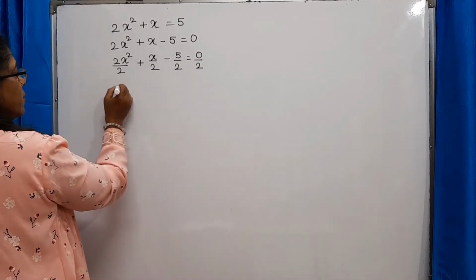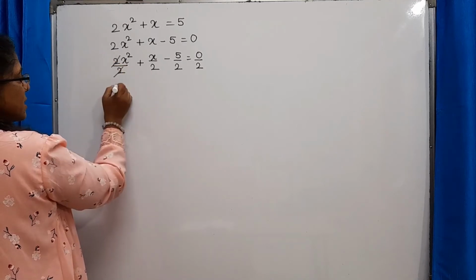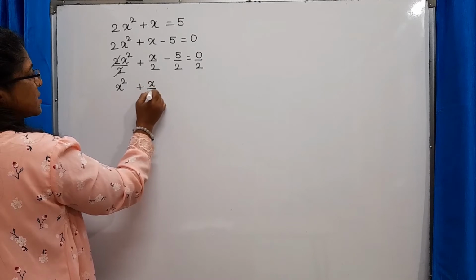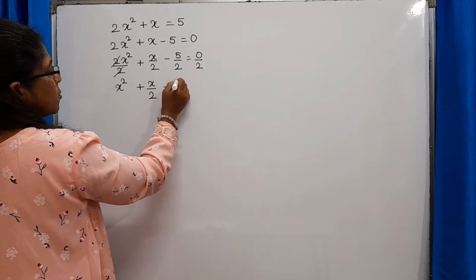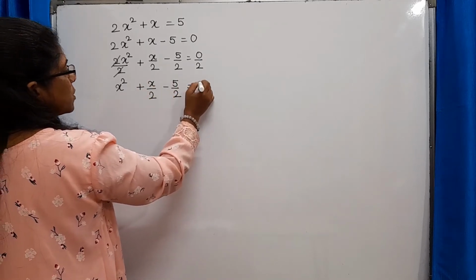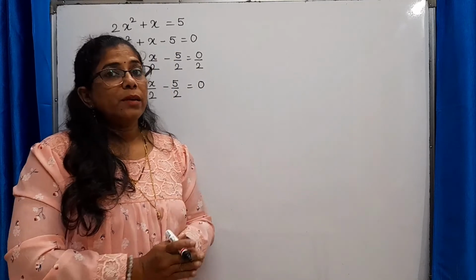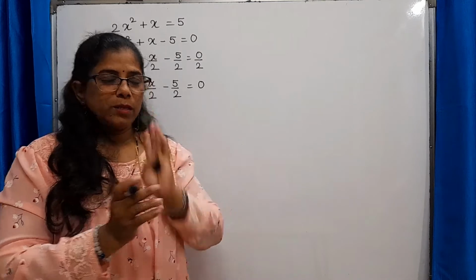So what we get here? Here 2 and 2 get cancelled. x square plus x upon 2 minus 5 upon 2 is equal to 0. Okay, first part is done. We made the value of a 1 here.